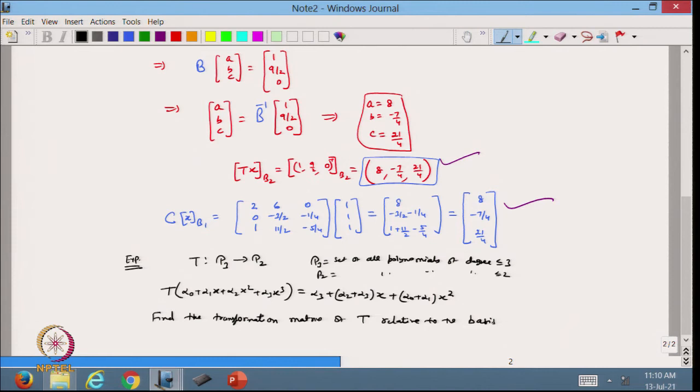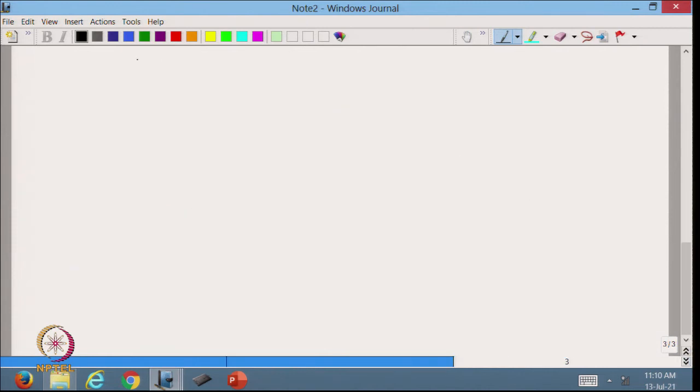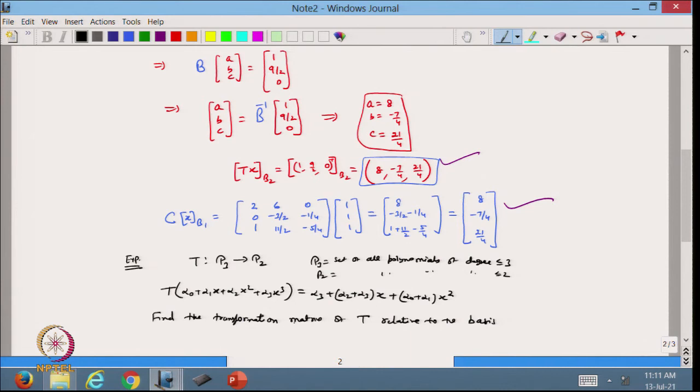So, this is the basis we are going to take. We are defining the basis B1, that is we are taking 1, x minus 1, x minus 1 square and x minus 1 cube. So, this is the basis B1, and B2 we are taking the standard basis 1, x, x square. So, this is my linear transformation.